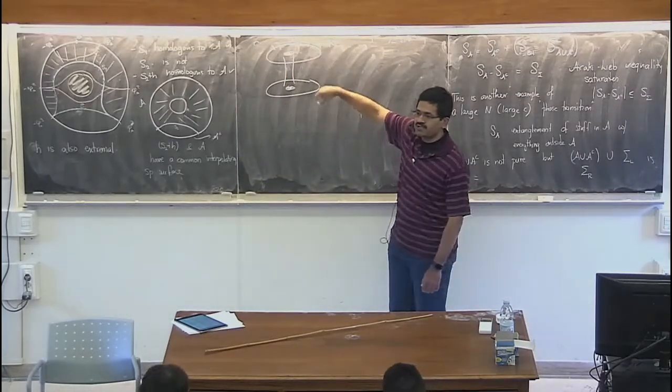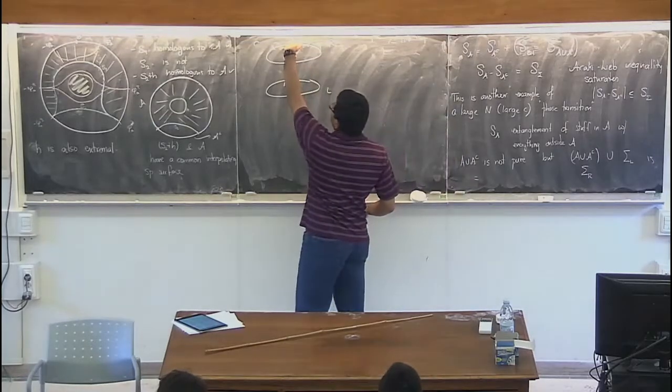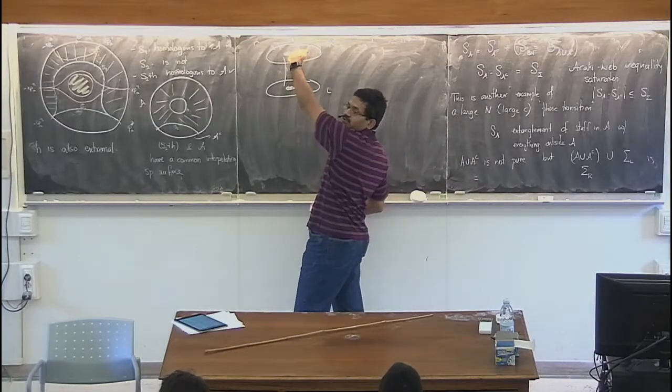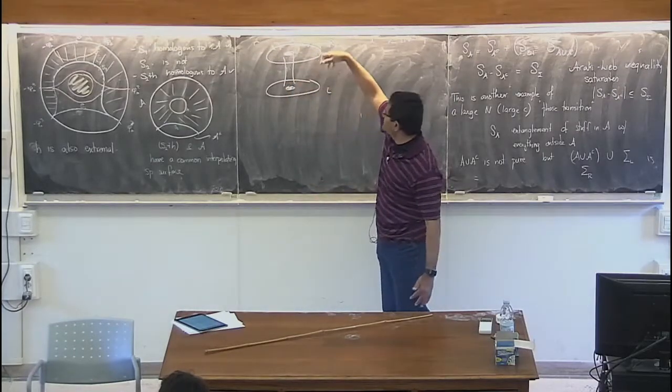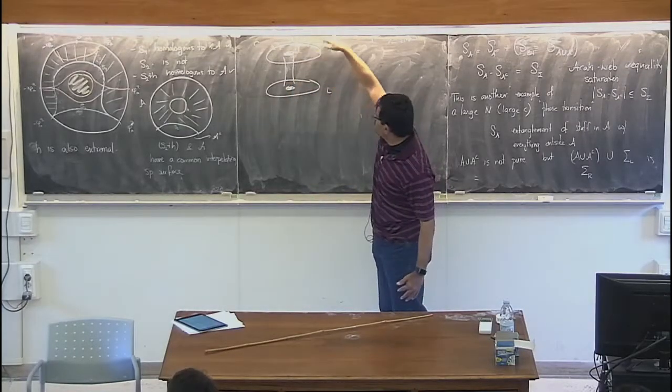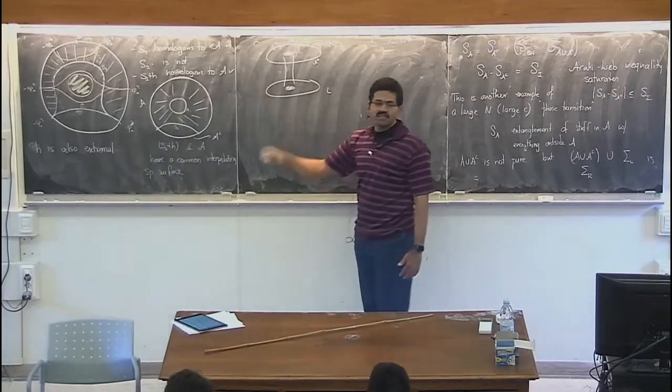There's an EPR bridge that has entangled the right and left theories, and what I'm asking for is entanglement of some piece of the right theory. But clearly that piece of the right theory is entangled with both the stuff that's in the right theory itself, they complement here, and the stuff that's in the left theory.